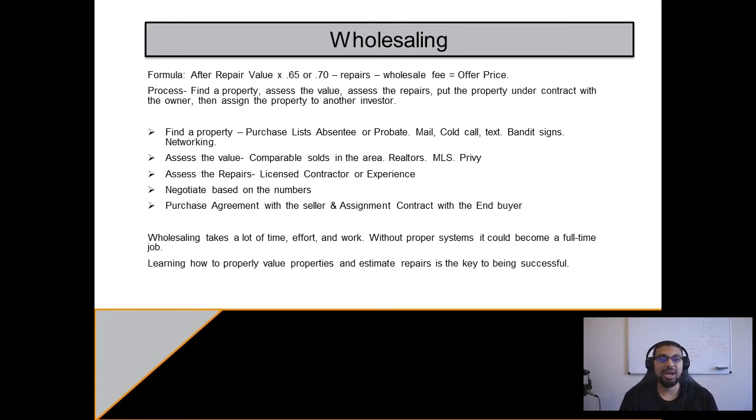If I look in my area, a third of a mile radius, I want to look at all the comparable homes. That means same size, same beds, same baths, all the things that I'm putting in. I want to make sure that my comparable has those things: granite, stainless steel, carpet or hardwood, all those things you want to look at. So I want to look at several of those comparable sold properties. That gives me my value.